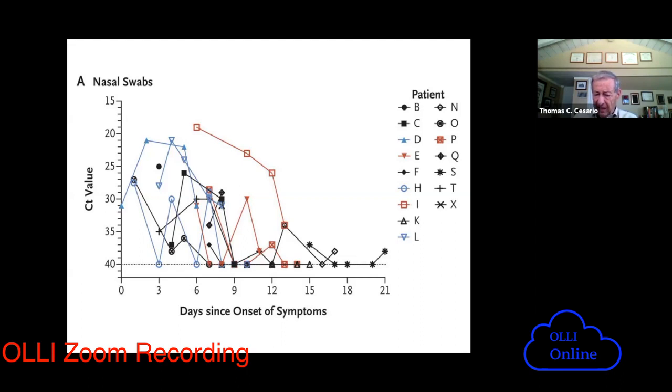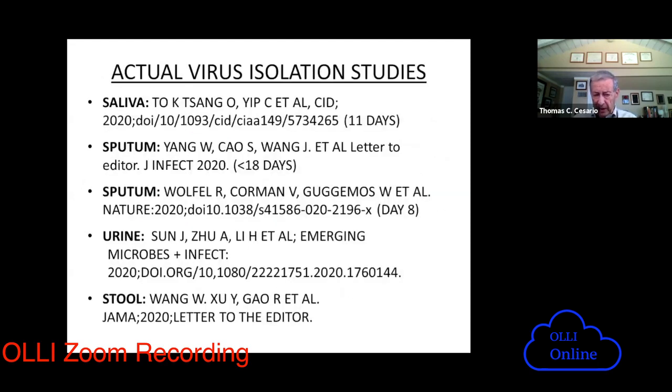And then it lingers at a low level out to about 3 weeks. And then it pretty much goes away, although even then there are occasional people in whom you can detect the virus. You can detect the presence of the virus for somewhere between 5.5 and 6 weeks. But the next slide is another way of looking at this.